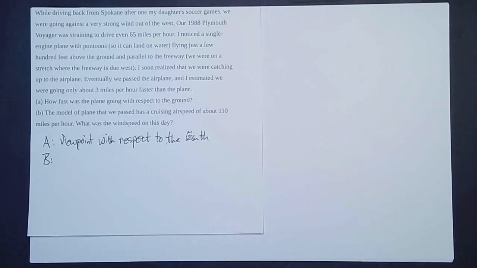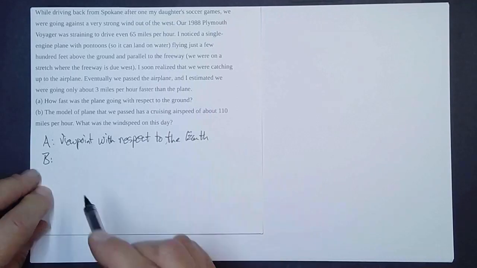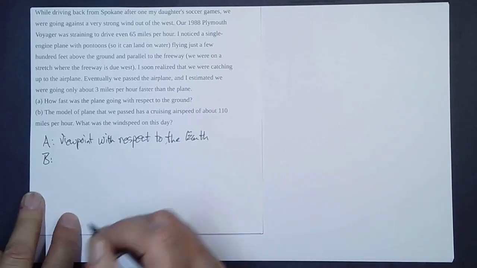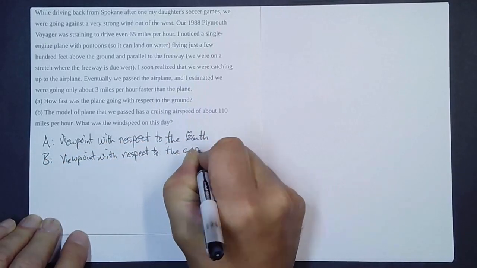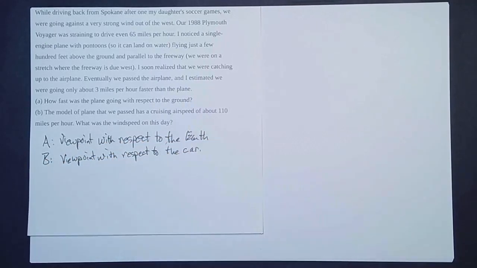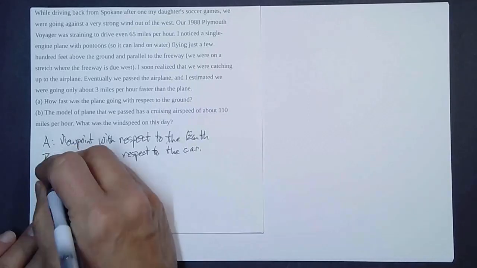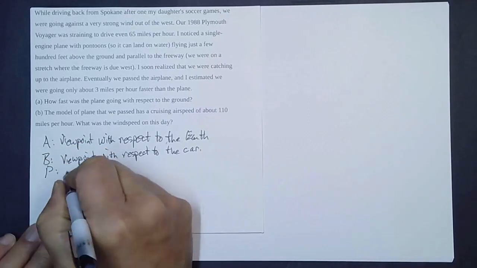In part B of this, we won't. Most of the time we know that. And in this case, it's going to be the viewpoint with respect to the car. Then there's an object. In this case, it's the airplane, for part A at least. And we're interested in that. I'm going to call P the object of interest because it's an airplane.